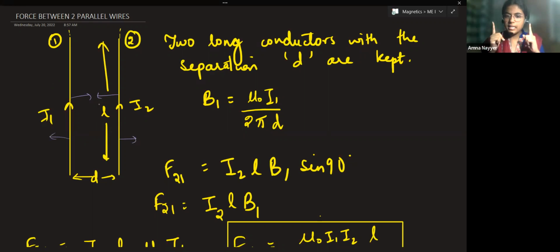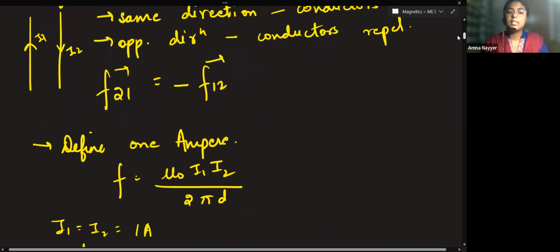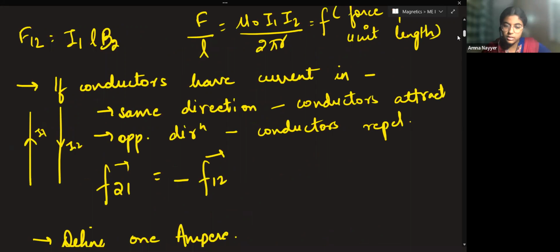If currents are in the same direction, conductors will attract each other. If the currents are in opposite directions, one upward, other downwards like this, then the conductors will repel each other. Regarding the direction of these two conductors, you have to remember this fact.